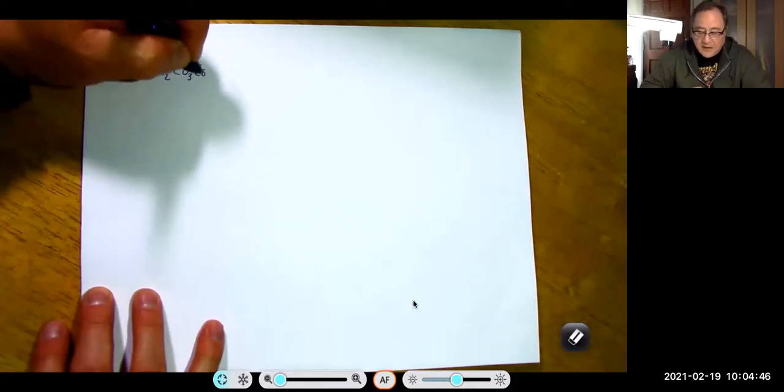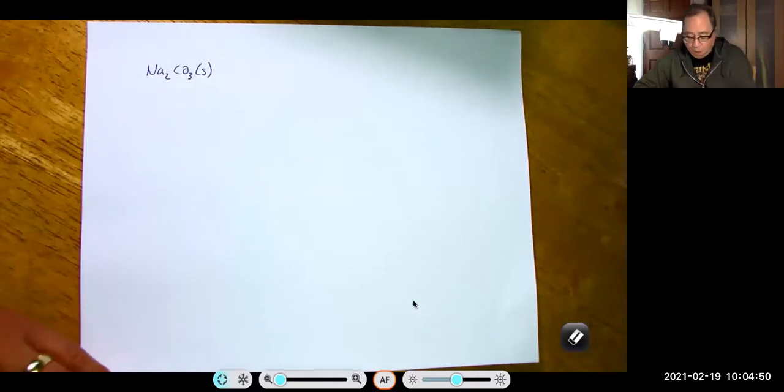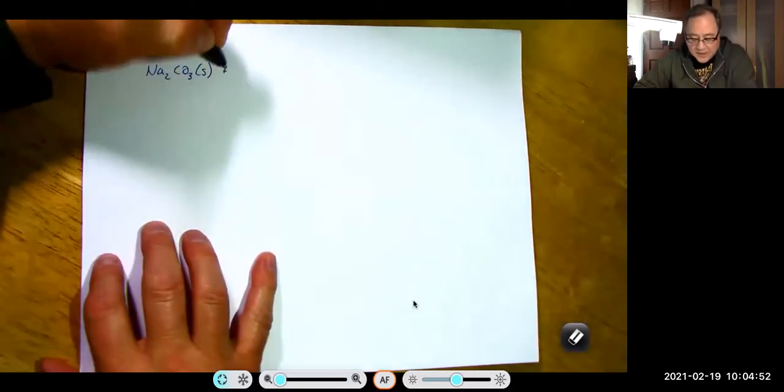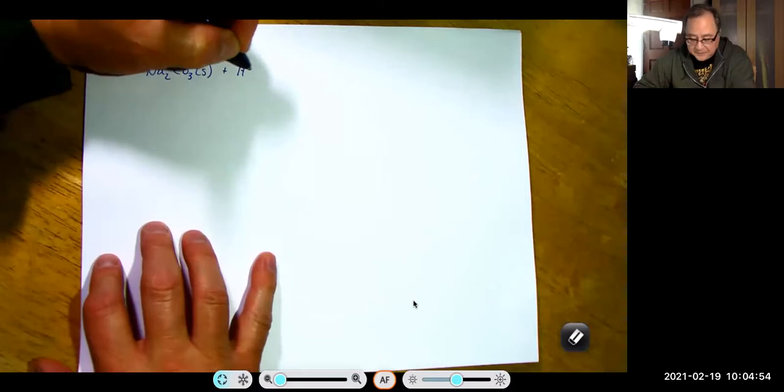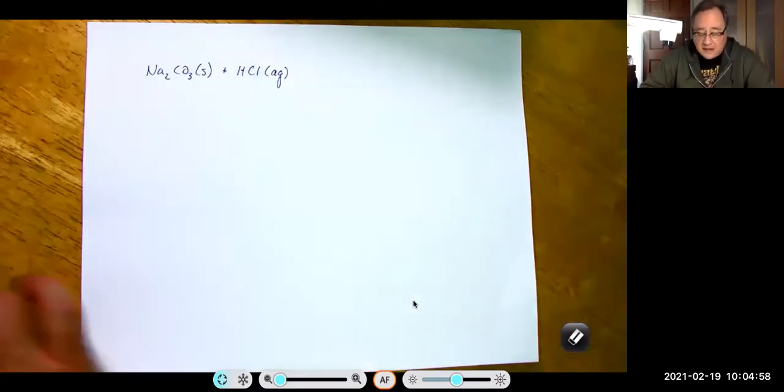And sodium carbonate is also called washing soda. You can actually buy it in the supermarket. And let's say we mix that with hydrochloric acid. And hydrochloric acid, when you buy it, it's going to be the acid dissolved in water. So it's HCl.